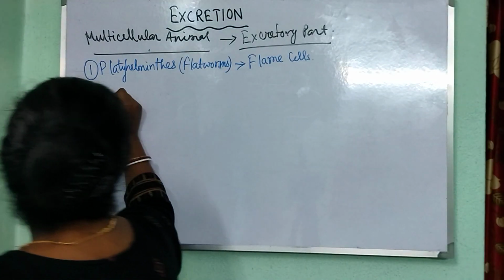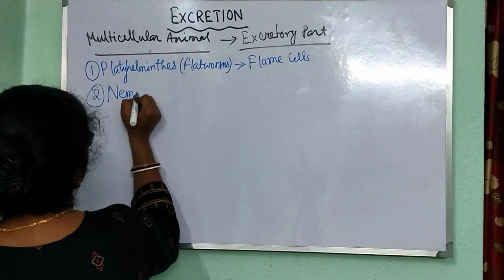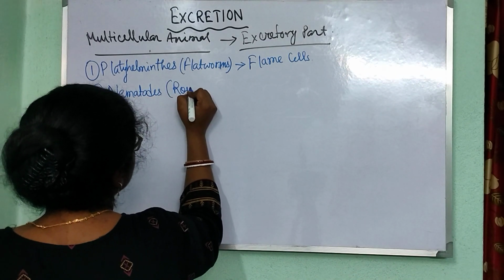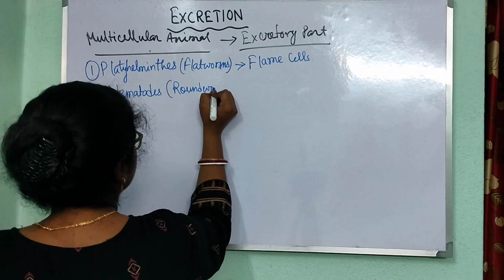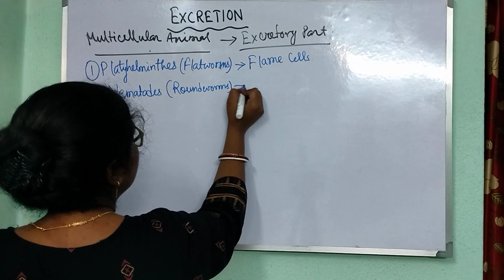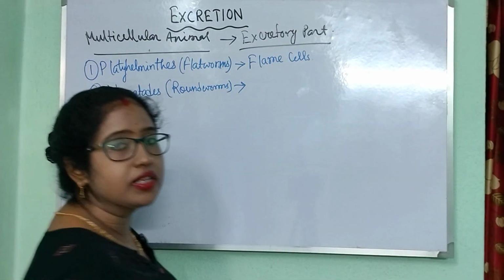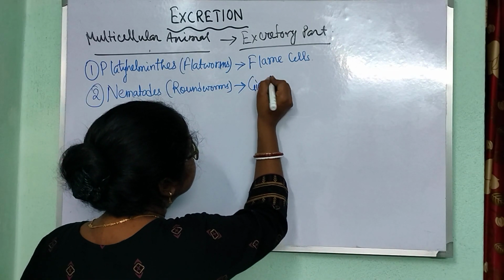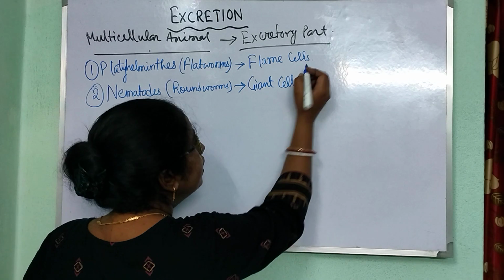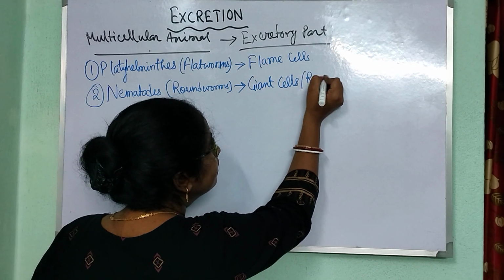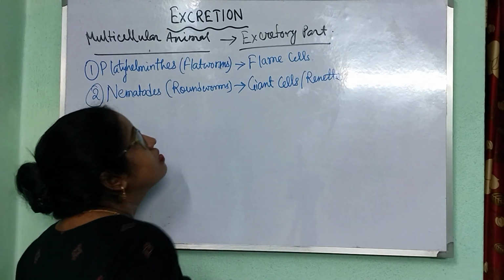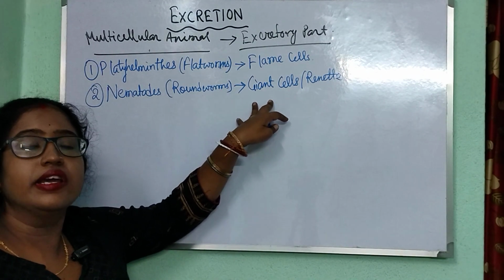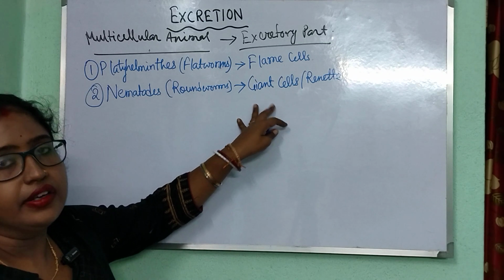In roundworms, the excretory organ is known as giant cells, or renette. So the roundworms have renette or giant cells as their excretory organ.